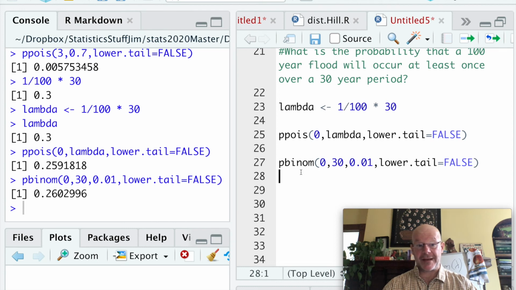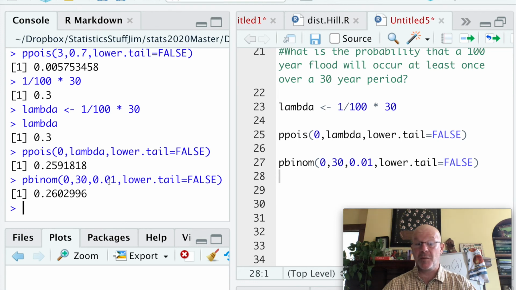And why is that? The reason is because with a binomial model, we're only allowing there to be one 100-year flood per year. And I don't know if you remember, a couple of years ago, there was actually situations where we had multiple 100-year floods at the same location in the same year.